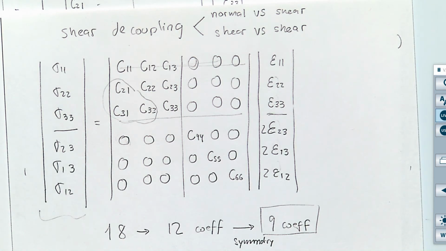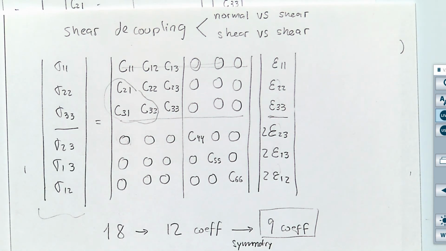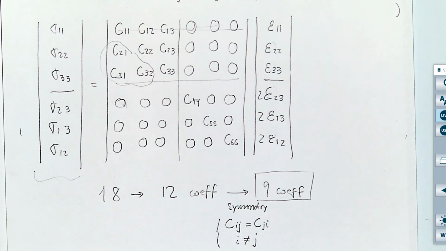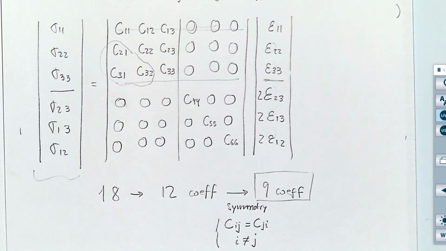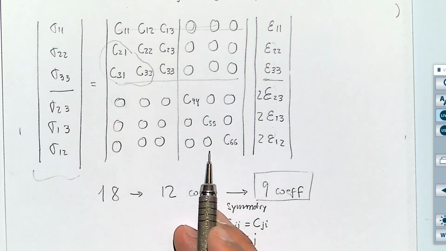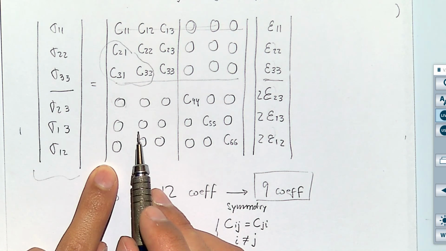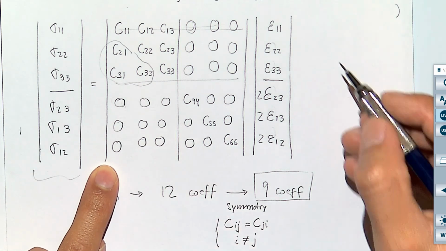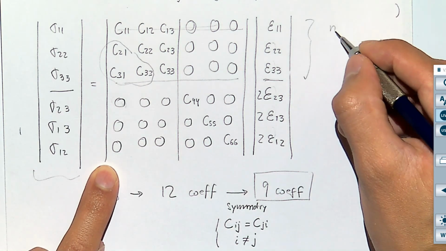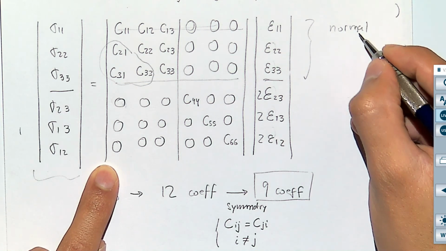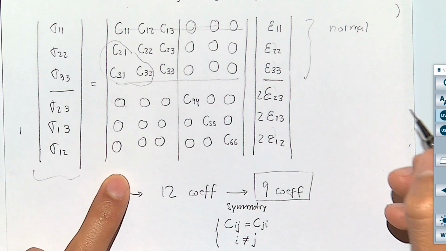Quick question. In the middle matrix, in the lower left corner, those zeros are because normal strains cannot produce shear? Yes. These cannot produce normal or linear strains, cannot produce a shear stress.